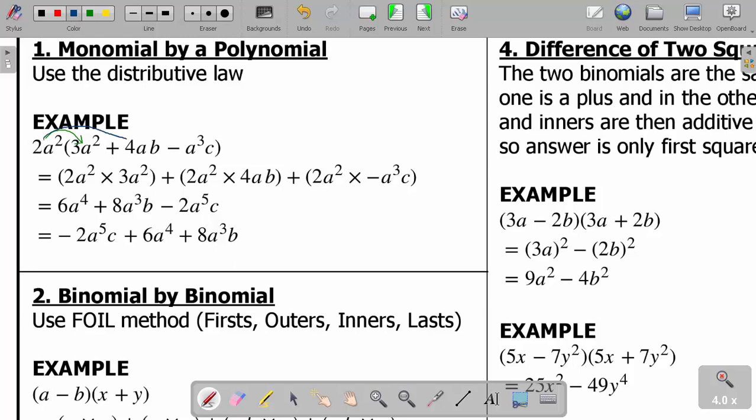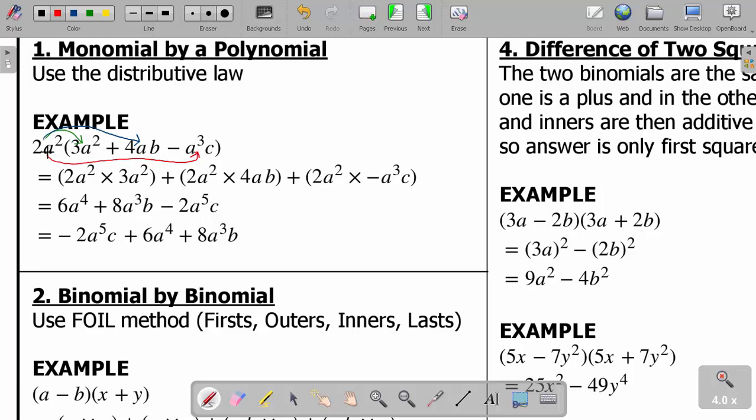You see, I'm distributing it. Then when I'm done with that, I multiply again 2a squared with negative a cubed c. That's called the distribution. So what you see here is what I've put in brackets for you. Now note that when I'm multiplying, I don't forget the operation or the sign behind the coefficients.